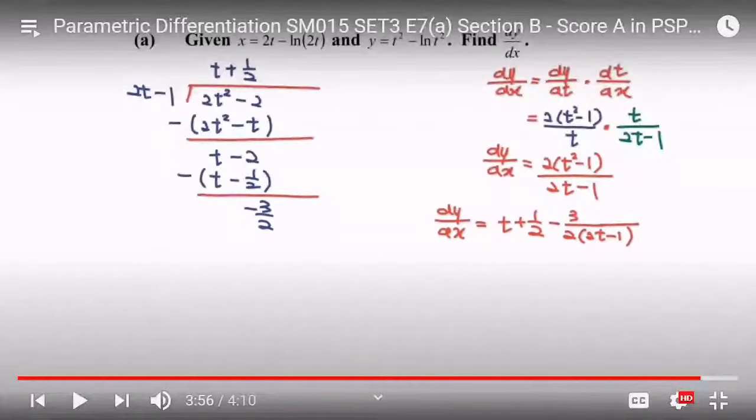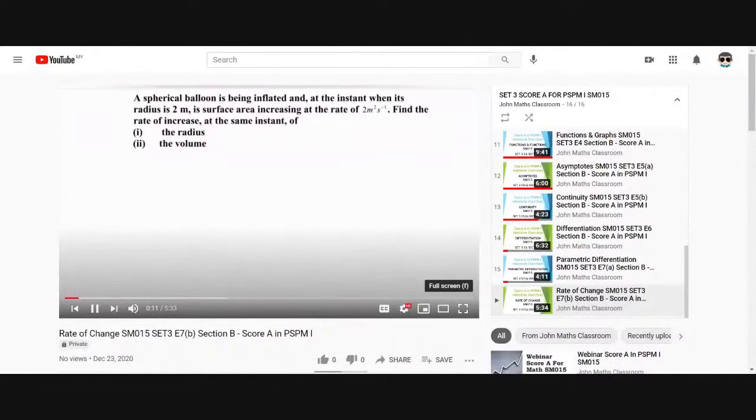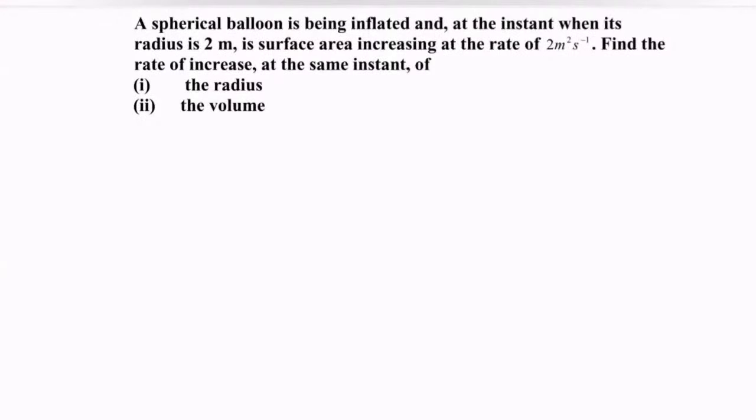So, the last question for tonight is rate of change. Discuss the example for rate of change. A spherical balloon is being inflated and at the instant when its radius is 2 meters.